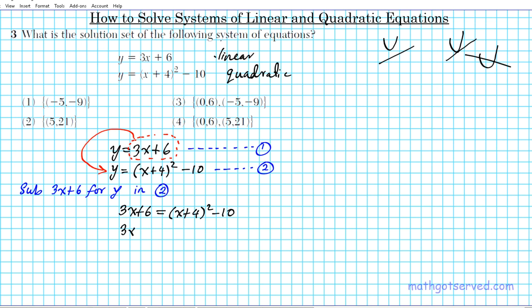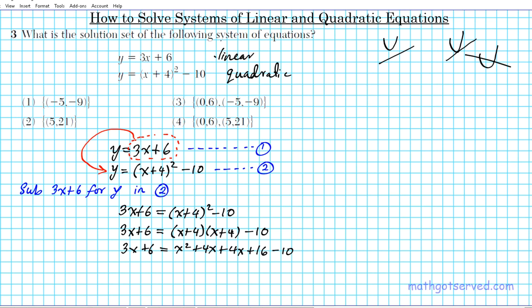So we have 3x plus 6 equals x plus 4 times itself. You can use the shortcuts we talked about in question 2 to do this, but let's just do it the long way. So we have 3x plus 6 equals first x squared, outer 4x, inner 4x, last 16 minus 10.